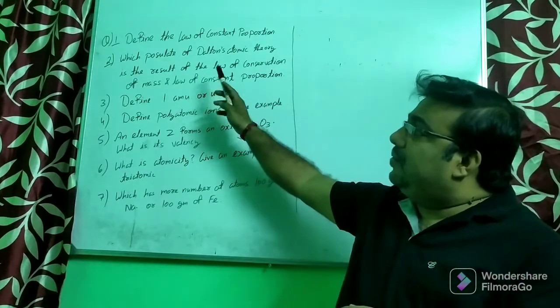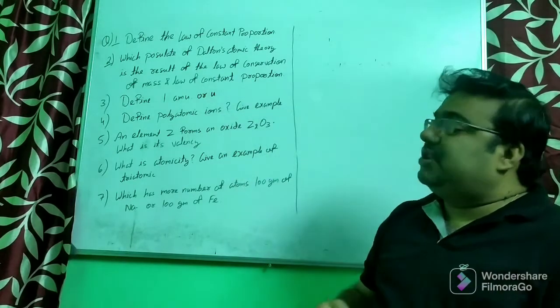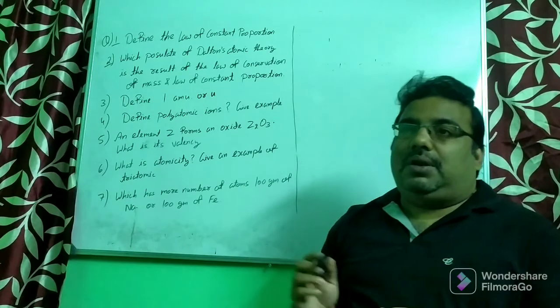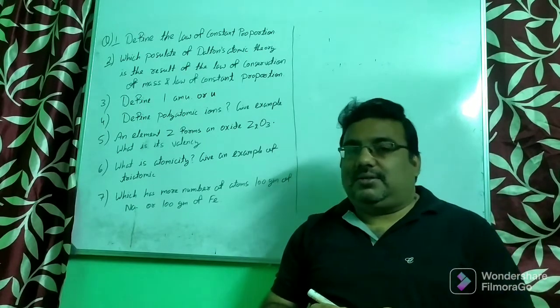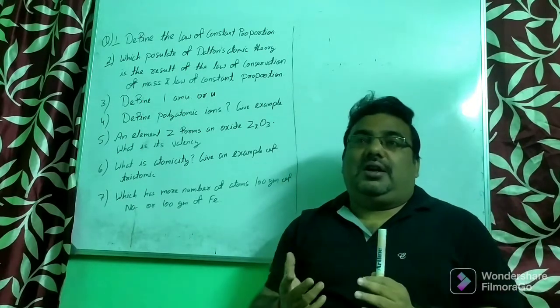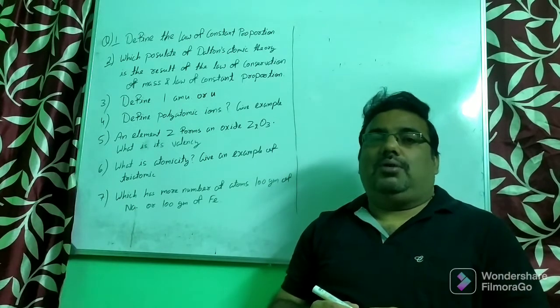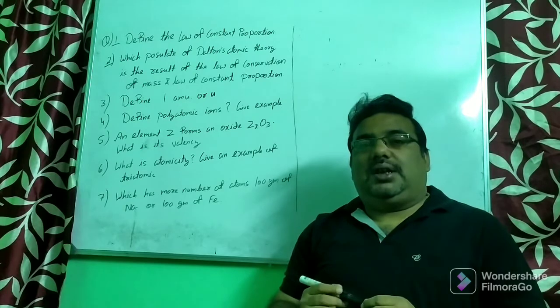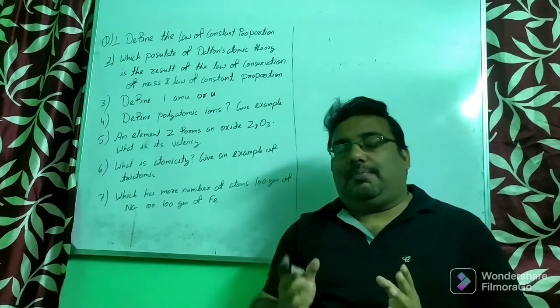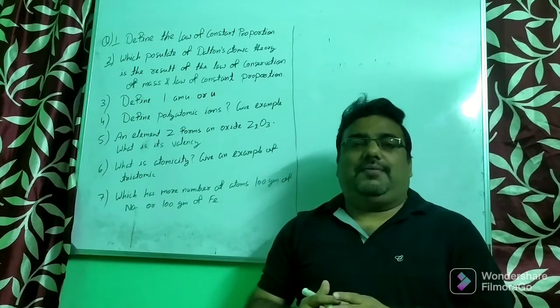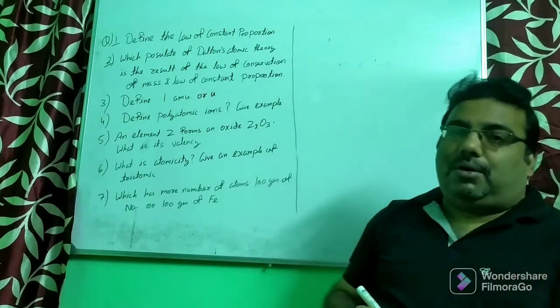Second, which postulate explains the law of constant proportions? There is also one postulate of Dalton which explains the law of constant proportions: the relative number and kinds of atoms in a compound are fixed. Dalton said that in a compound the number and kinds of atoms are always fixed.